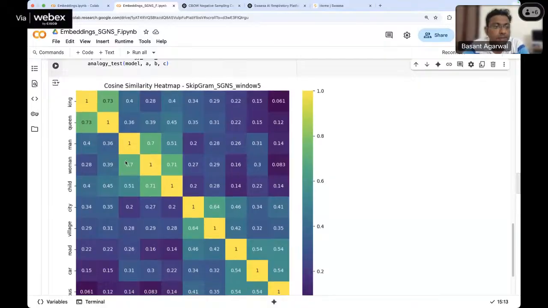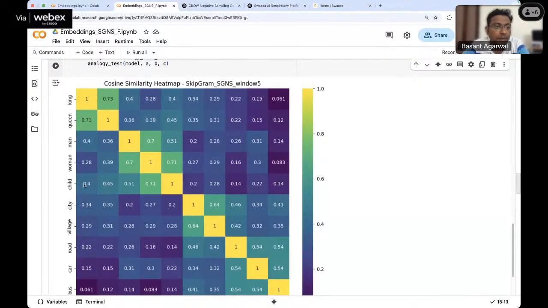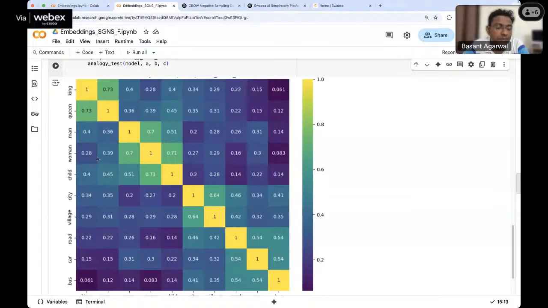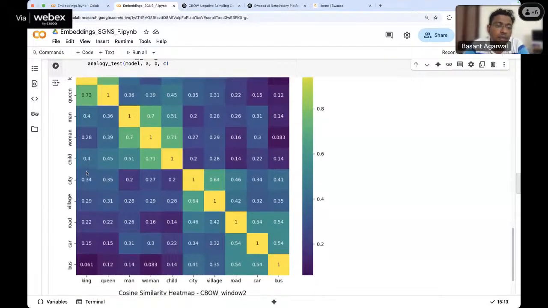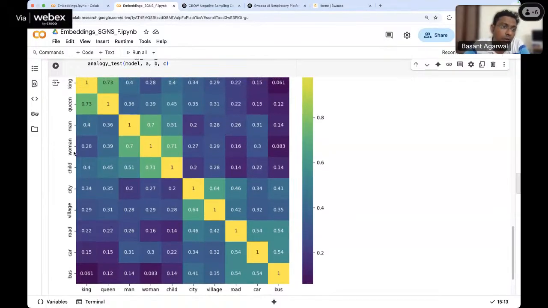And this is just a heat map. You can see the cosine similarity between different words, which we have already seen, but that was in two dimensions, where a lot of information was lost. Here we can actually calculate and see the cosine similarity between two words.